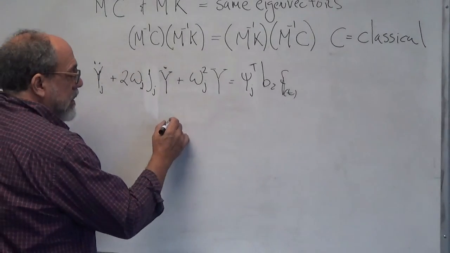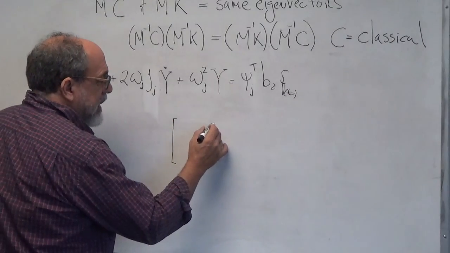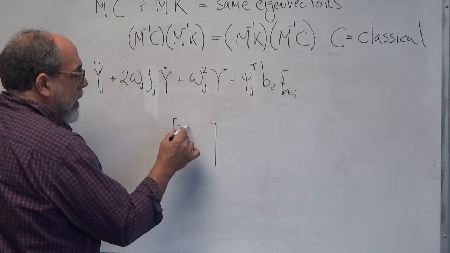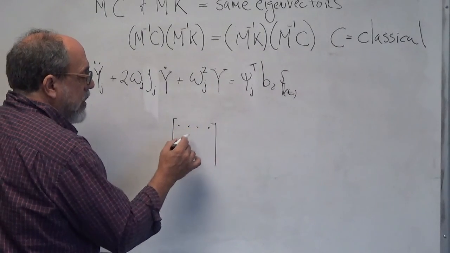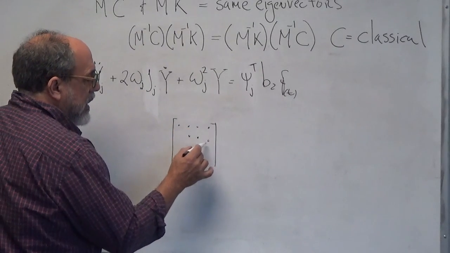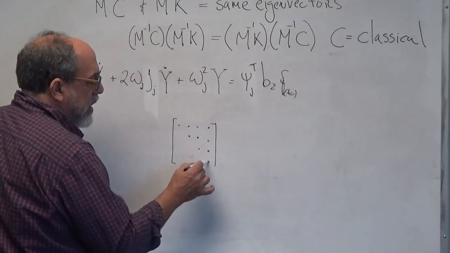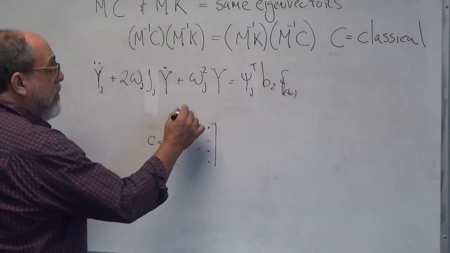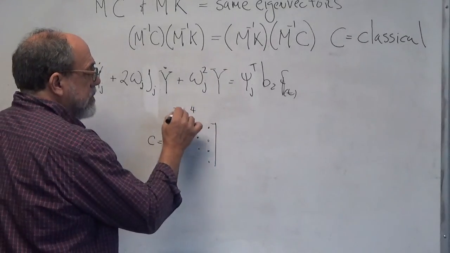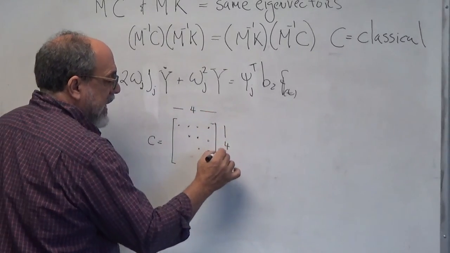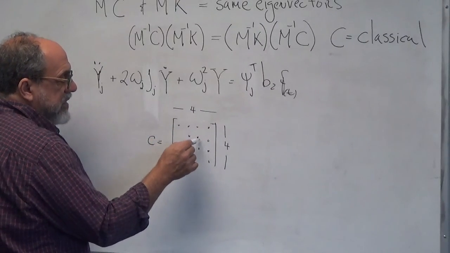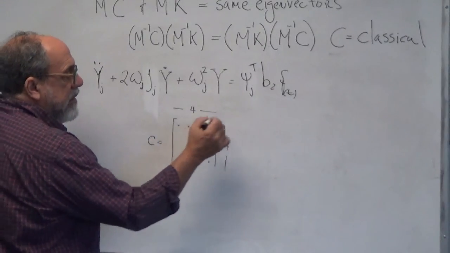Imagine, let me be more clear. Let's say that we have a 4x4 system, right? So 1, 2, 3, 4, then 3, then 2, then 1. So the damping matrix will be symmetrical. But in a 4x4, how many numbers are there? 1, 2, 3, 4, 5, 6, 7, 8, 9, 10, right?